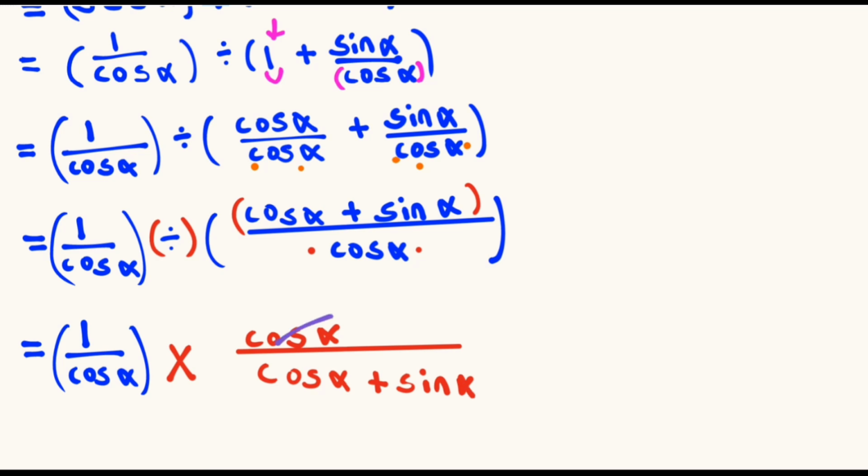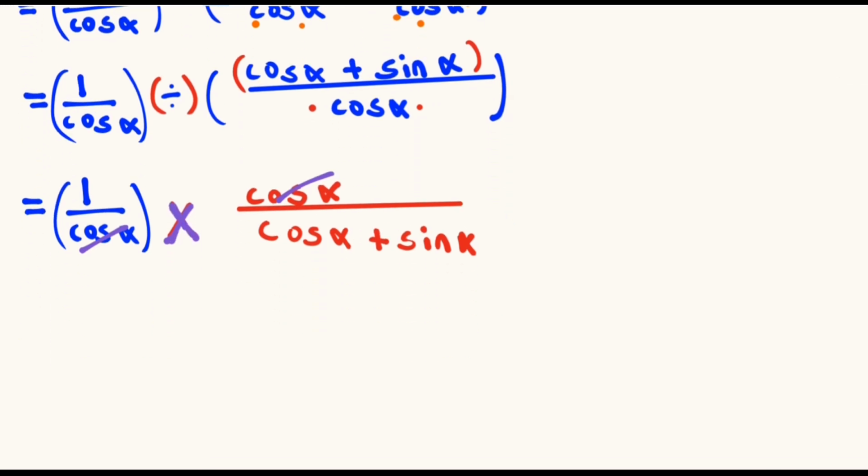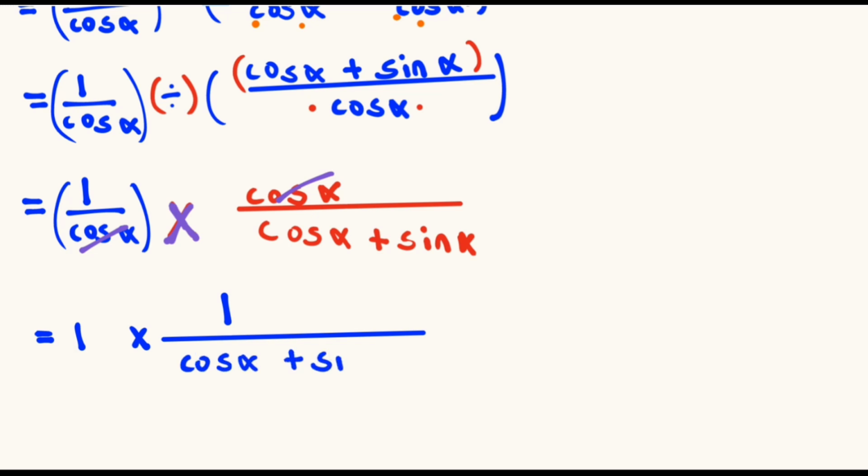That cos alpha and that cos alpha cancel out each other, since we now have a multiplication in between, and this will be equal to 1 multiplied by 1 divided by the cos of alpha plus the sin of alpha, and all of this will be equal to 1 divided by cos alpha plus sin alpha, since 1 multiplied by 1 is 1.